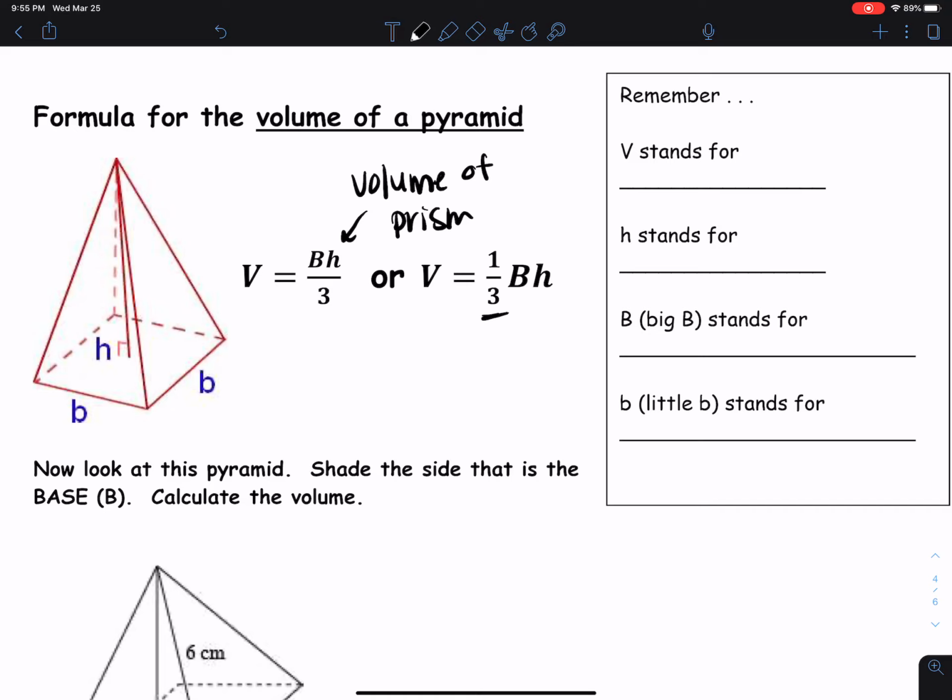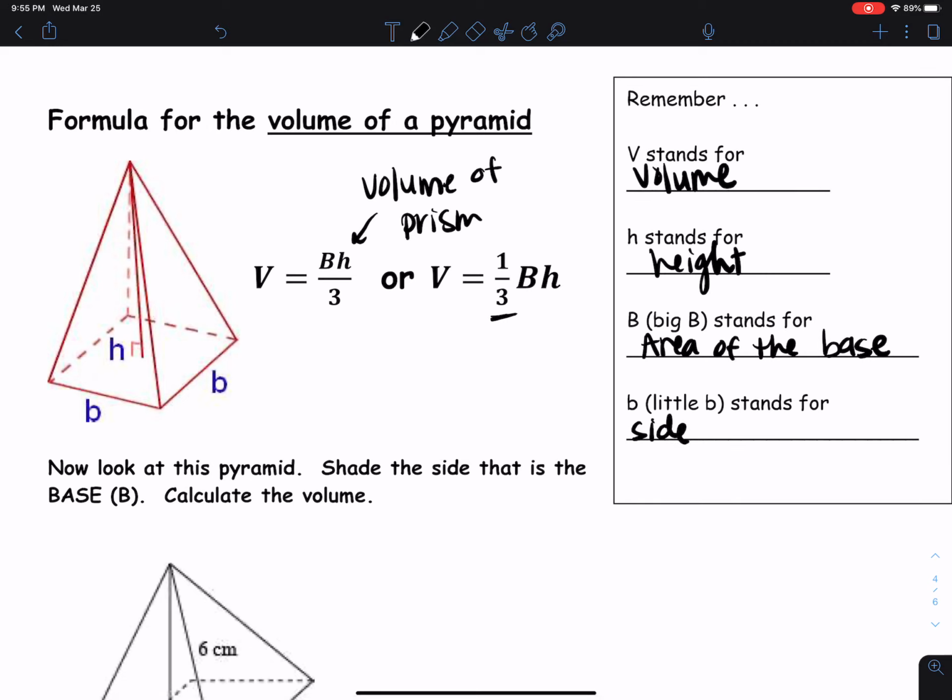So remember, V stands for volume, H stands for height, the big B stands for the area of the base, and the little b stands for the side of the base. So over here, this is the side of the base.